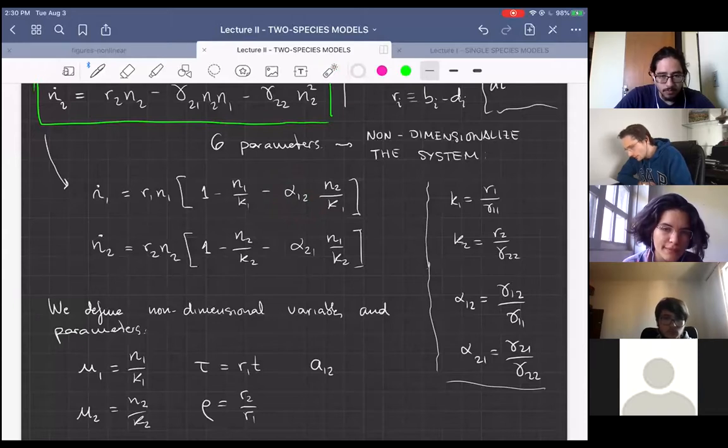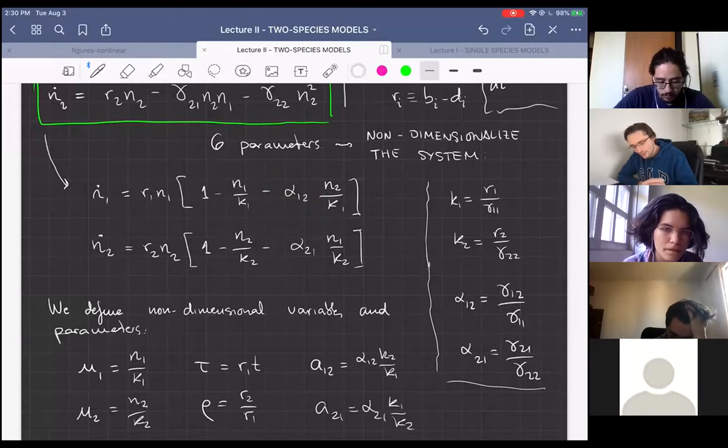That is going to be equal to a12 equal to alpha 1,2 K2 over K1, and a21 equal to alpha 2,1 K1 over K2.